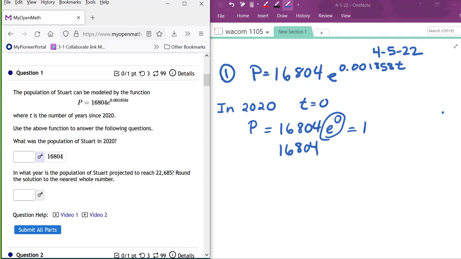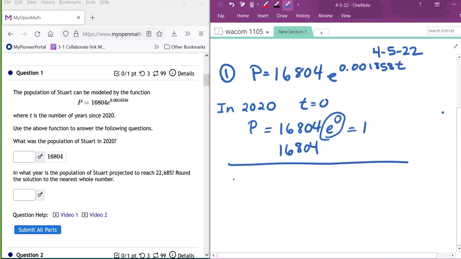Our next question under this one, in what year is the population of Stewart projected to be 22,685? Right, and so we will put that in for P. And your first step is to divide this out so that you have this e by itself.